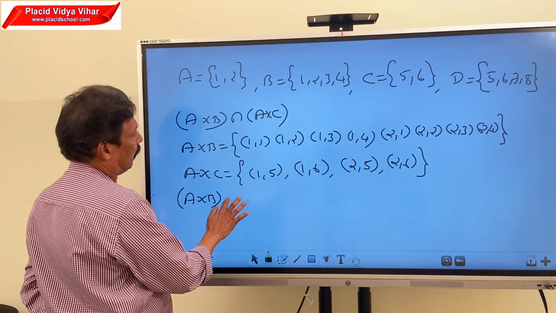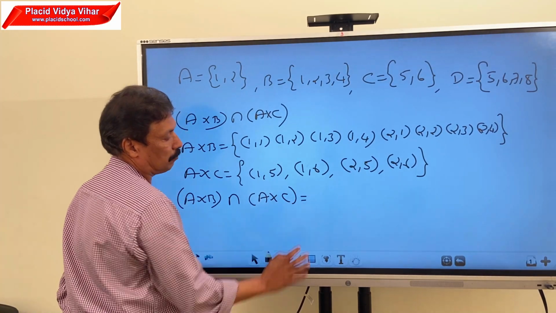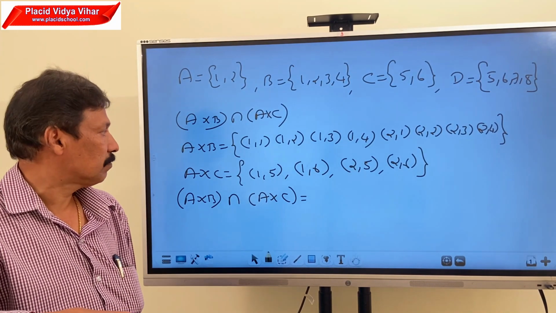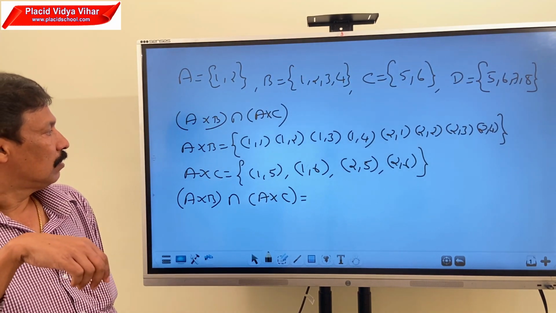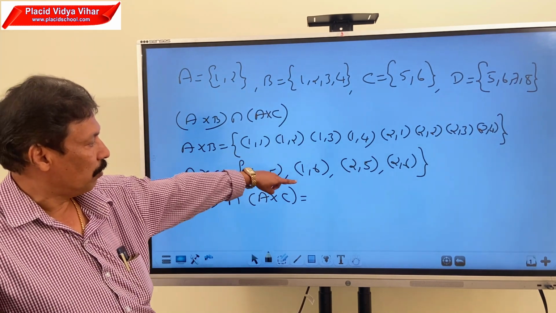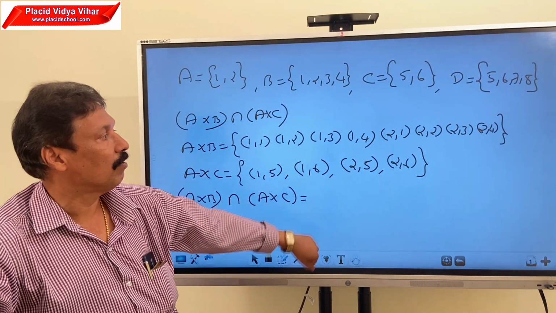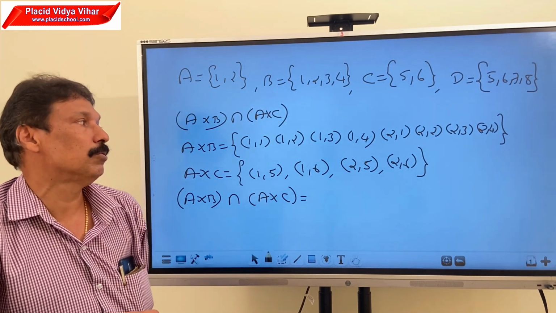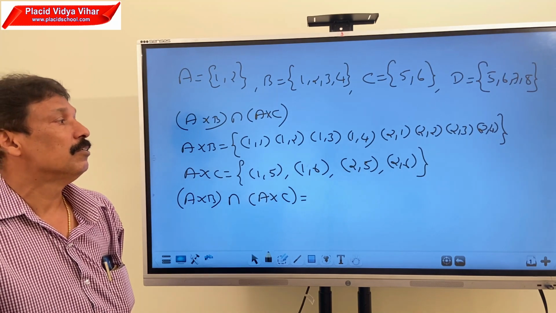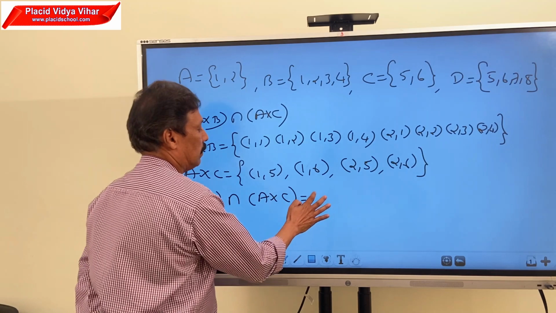Then (A cross B) intersection (A cross C): intersection means the set of common elements. Here also there are no common elements. (1,1) is not in A cross C, nor are (1,2), (1,3), (1,4), (2,1), (2,2), (2,3), (2,4). That is also a null set.